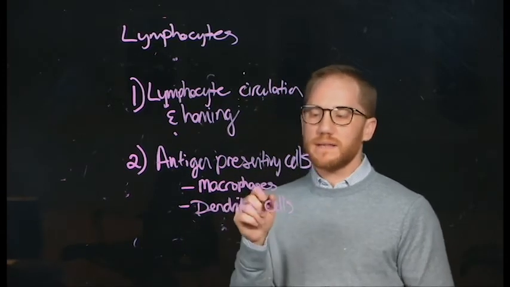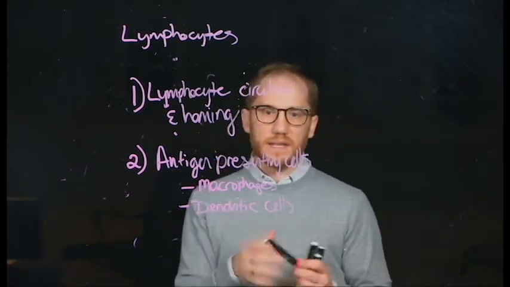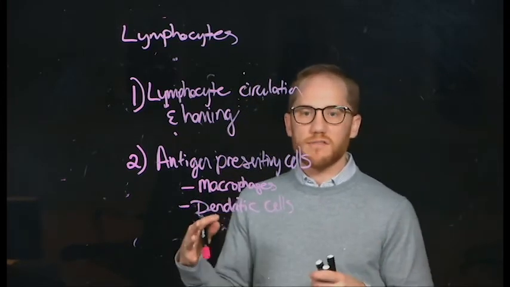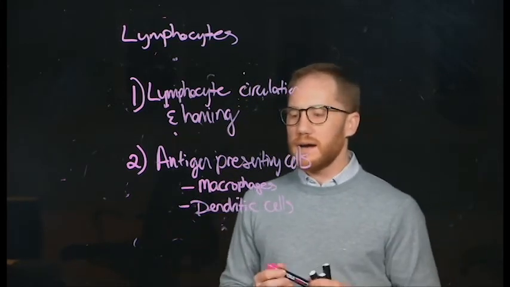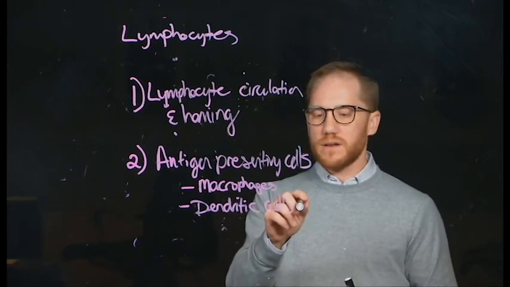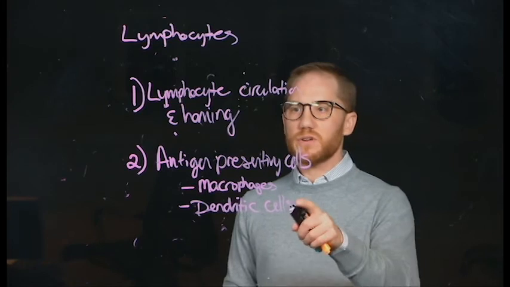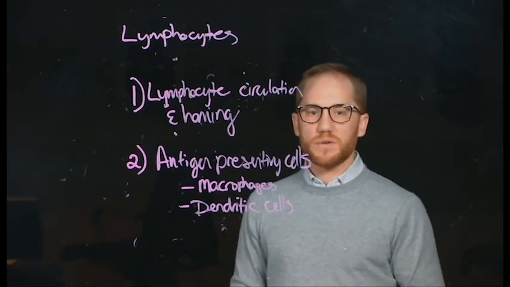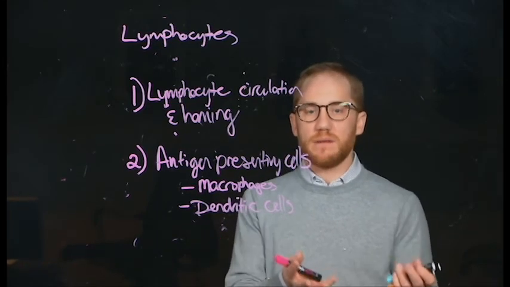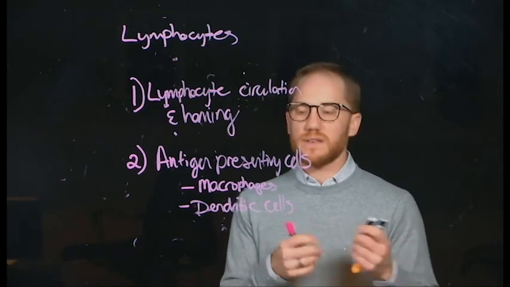The great thing about these two cell types is that they like to eat up pieces and particles of microbes and other molecules. In doing so, they pick them up, essentially eat them, and then they travel back to the lymph nodes where those T cells are residing, and they present them to the T cells, or the B cells.